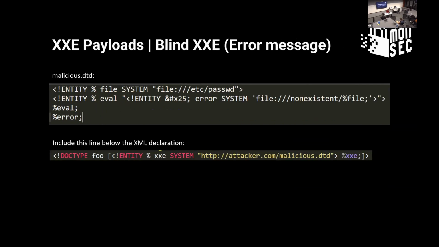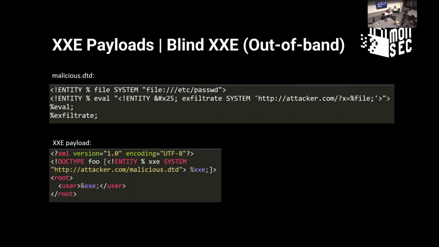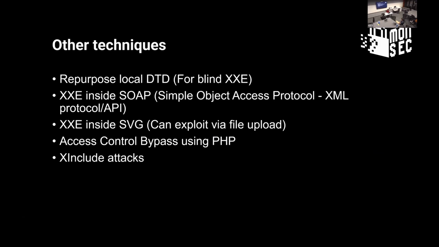Yeah, those are different payloads and different things you can do with XXE. And there are other techniques. There are so many different things you can do with this, like repurposing the DTD to do blind XXE again. There's also SOAP, Simple Object Access Protocol, which is another XML protocol.